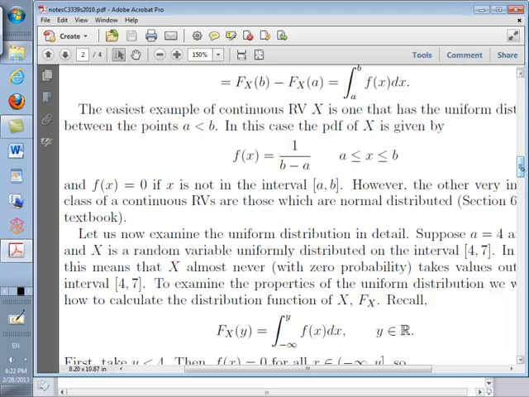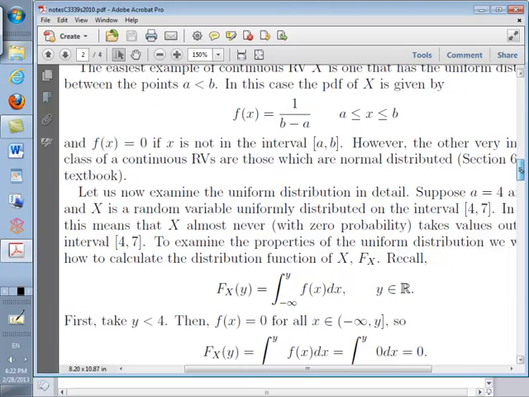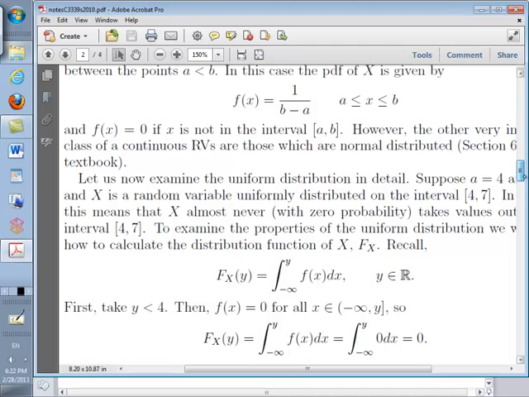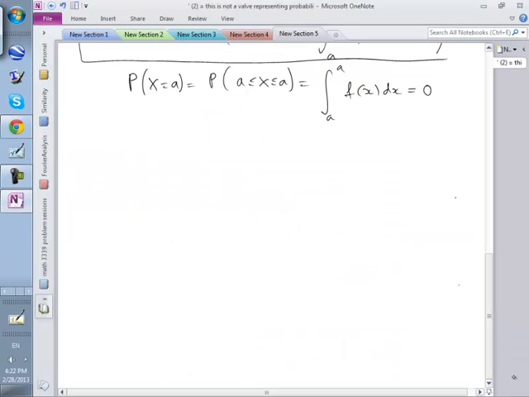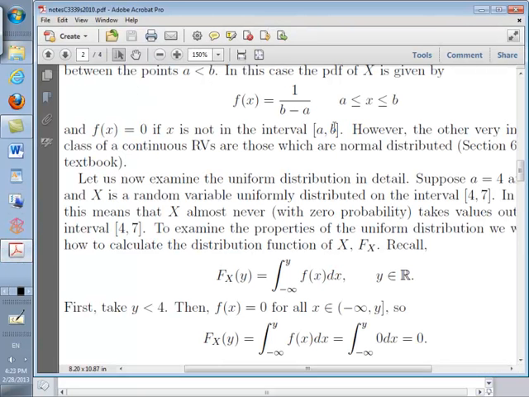So now let's look at one specific case. This density, if you have two real numbers, a and b, and the density is equal to 1 over b minus a when x is between a and b and 0 outside, it's called the uniform distribution in the interval from a to b.